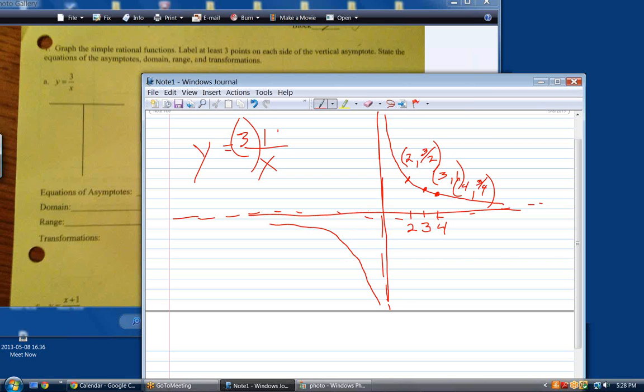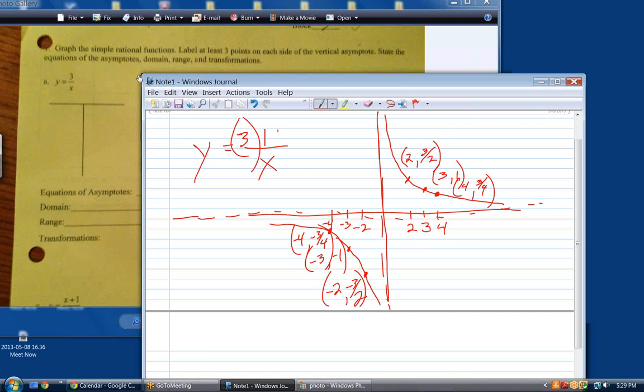Yeah, you can, sure. She didn't specify, so this is -2, -3, -4. For -2, what's that coordinate going to be? -3/2. And this coordinate is going to be -1, and this coordinate is going to be -3/4.